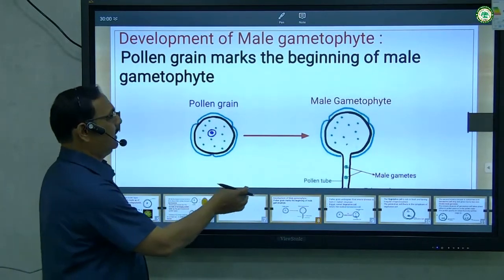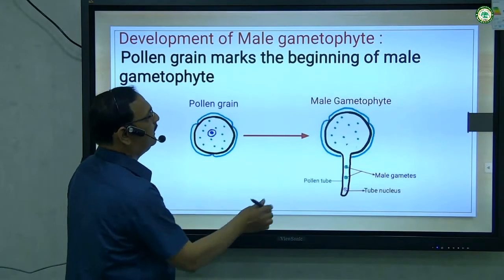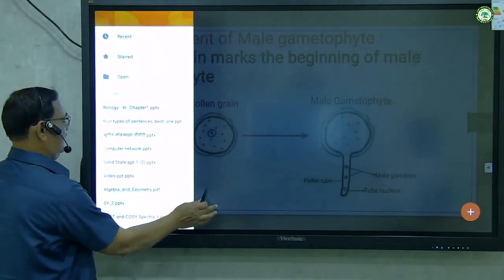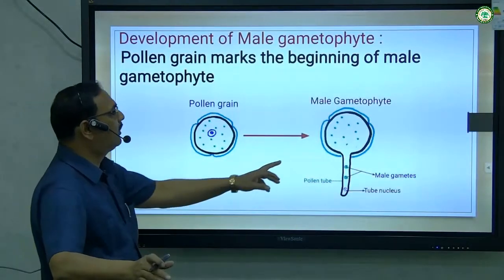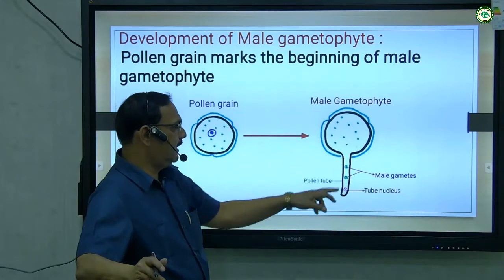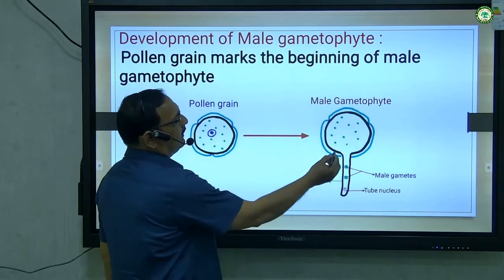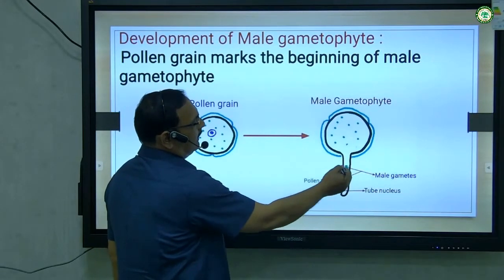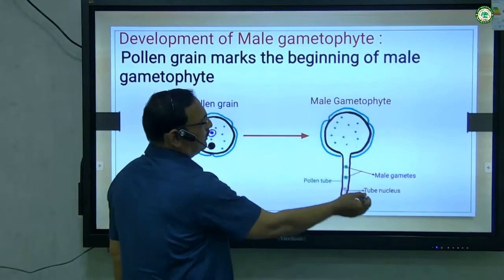From this pollen grain, it results in the formation of the structure called the male gametophyte. This pollen grain germinates, resulting in the formation of the pollen tube, which comes out from the intine in the form of a tube called the pollen tube.